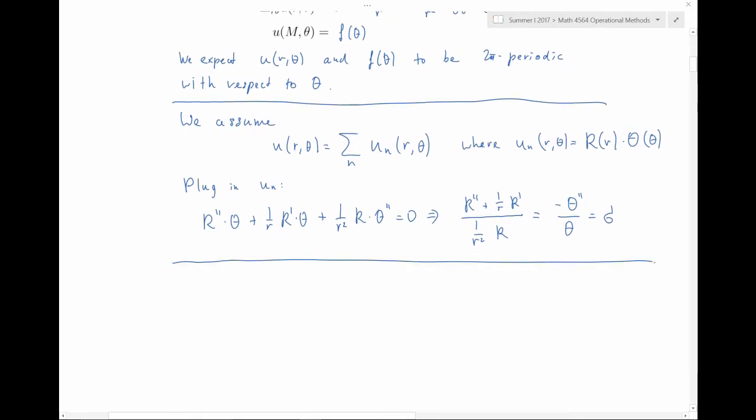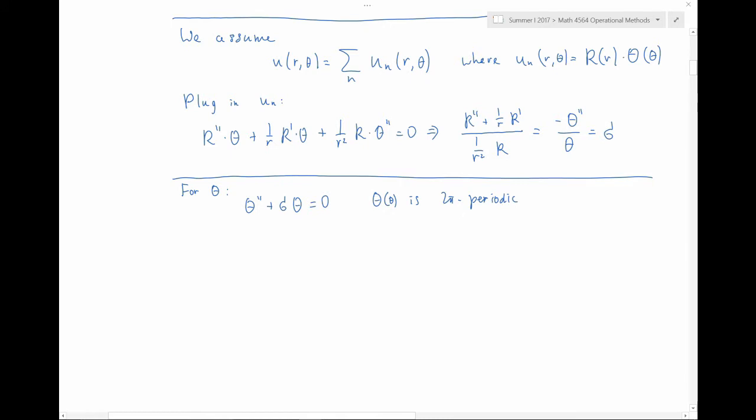We look at Theta first. The differential equation for Theta reads Theta double prime plus sigma Theta should be 0. We also expect Theta to be 2π periodic. There are three possible situations for constant sigma. The first is usually when sigma is equal to 0.